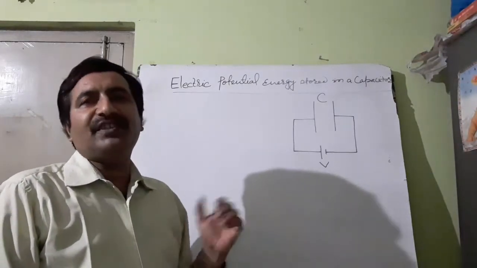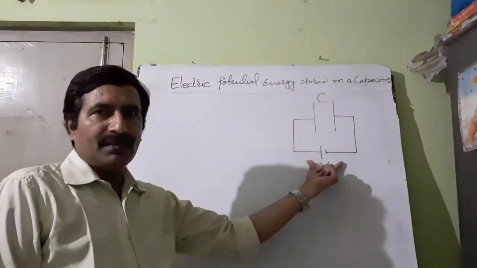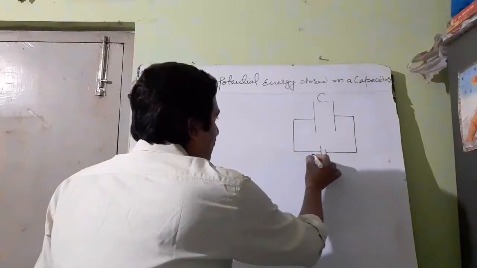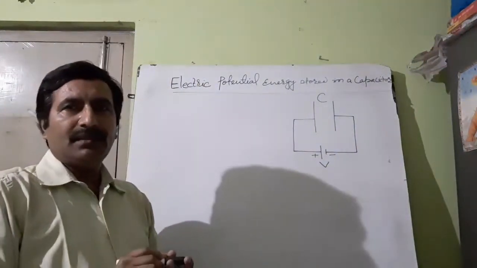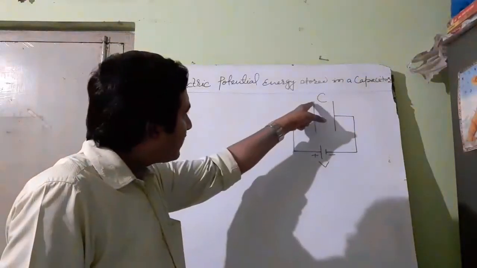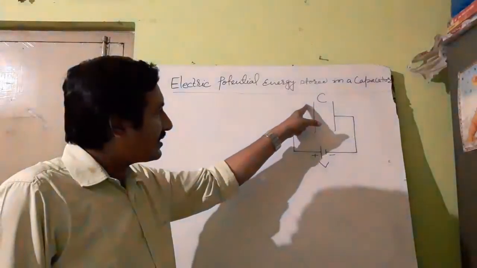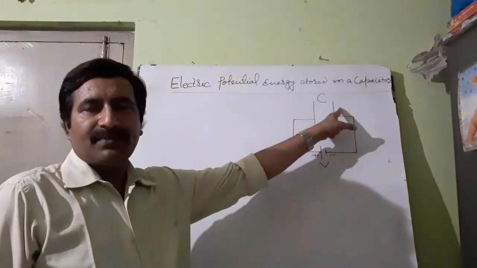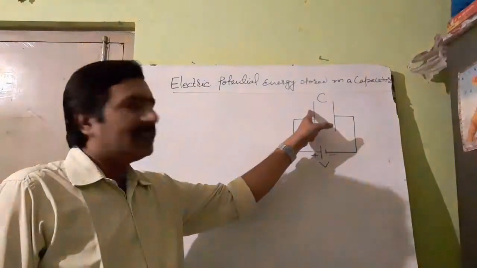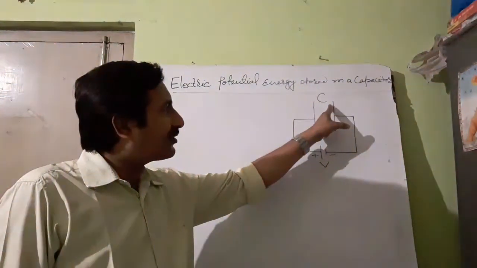So how does the capacitor get charged? Whenever we connect the capacitor with the cell, this is the positive terminal of the cell, this is the negative terminal of the cell. You see, electrons from this conducting plate get transferred to this plate. So here will be a deficiency of electrons and here will be an excess of electrons.